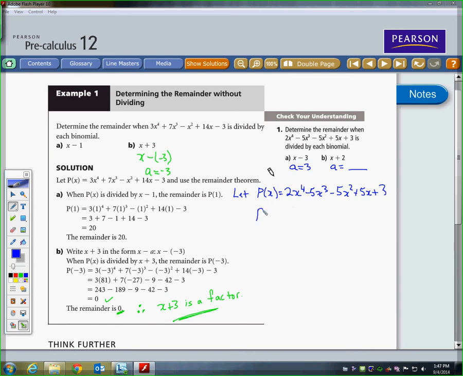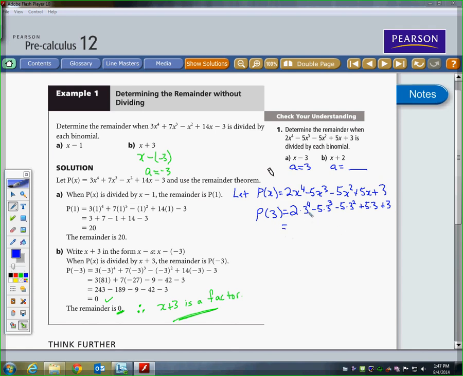So I'm going to say p of, not x this time, but p of 3 will be equal to 2 times 3 to the 4th minus 5 times 3 cubed minus 5 times 3 squared plus 5 times 3 plus 3. I'm putting little dots instead of parentheses because it's easier for me on this mimeopad.